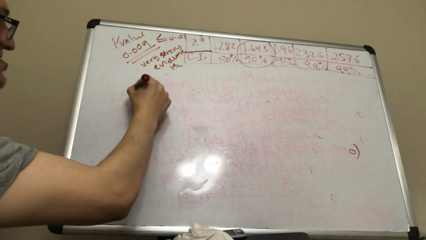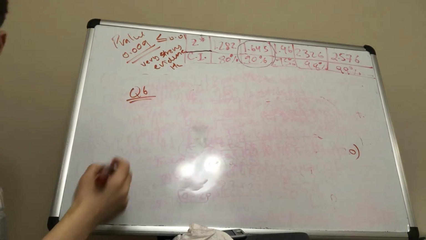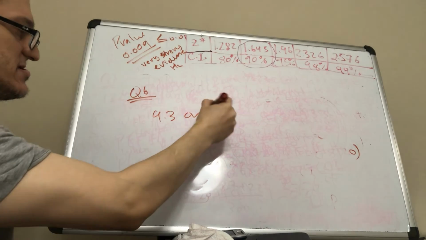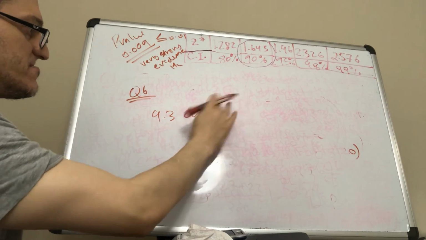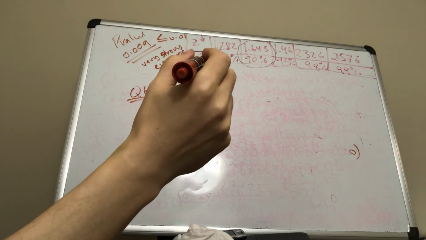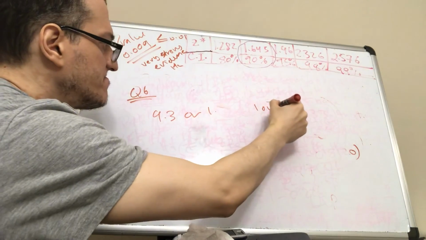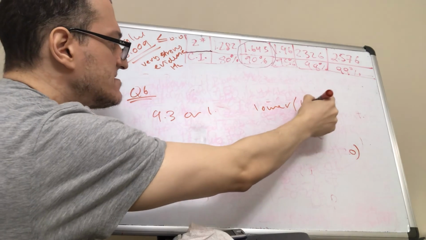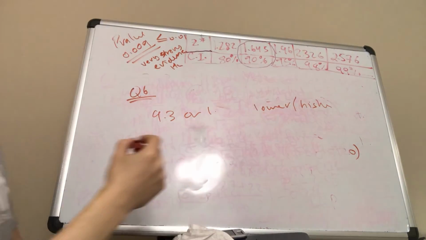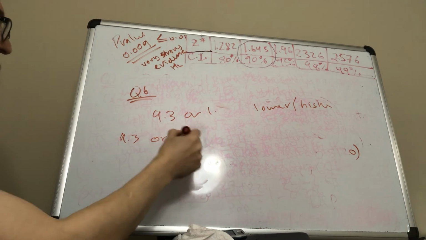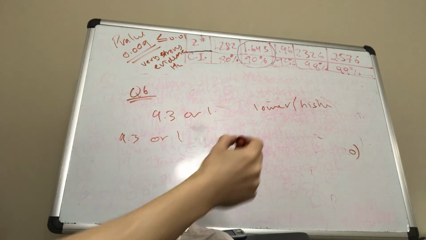They ask, what would you select for this? 9.31, lower, higher. And then 9.31, and also lower, higher.